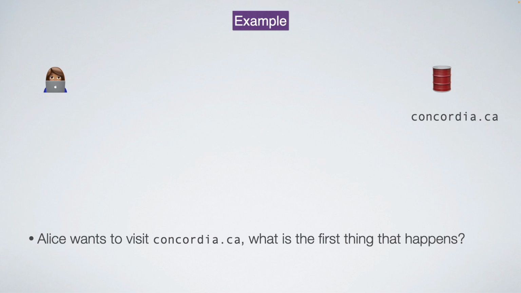DNS, how does Videotron or Google figure out what the IP address is? It's a hierarchical system. .ca is known by some root servers, and then they know where Concordia is, and then they redirect you to Concordia's DNS server, and then you ask Concordia's DNS server for the web server that you're looking for. Okay. So DNS is an entire system.